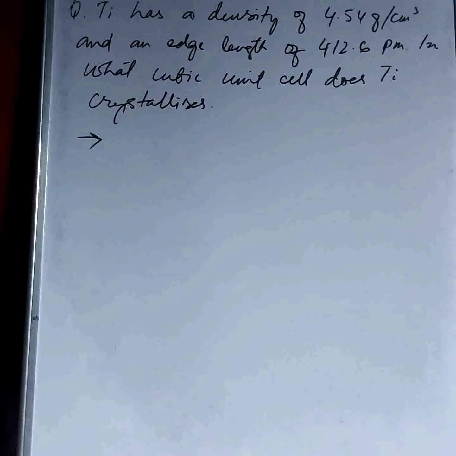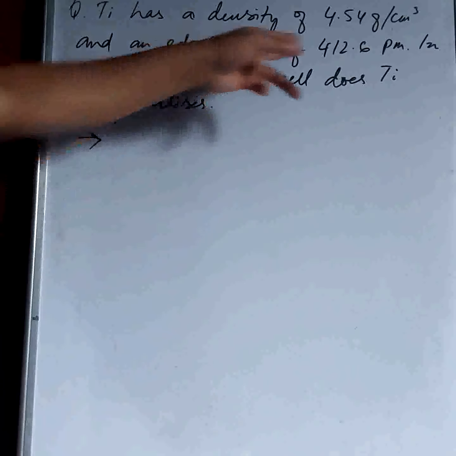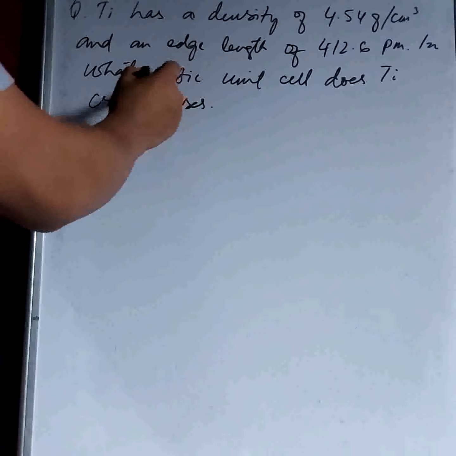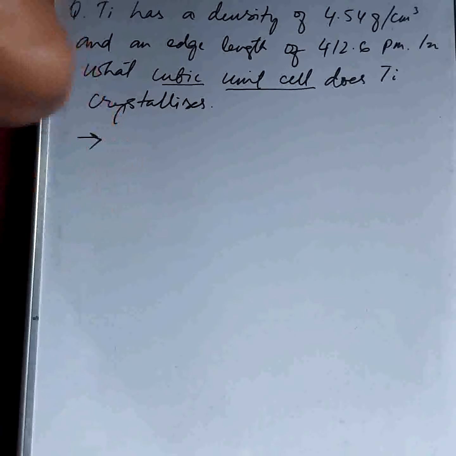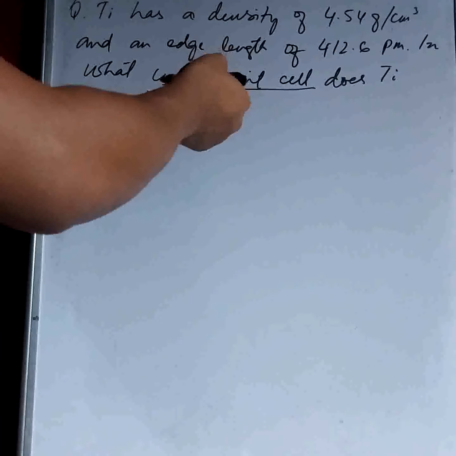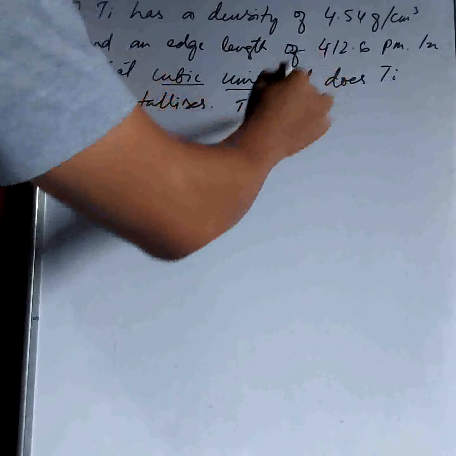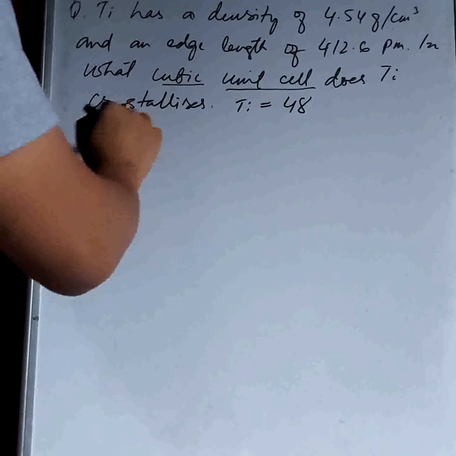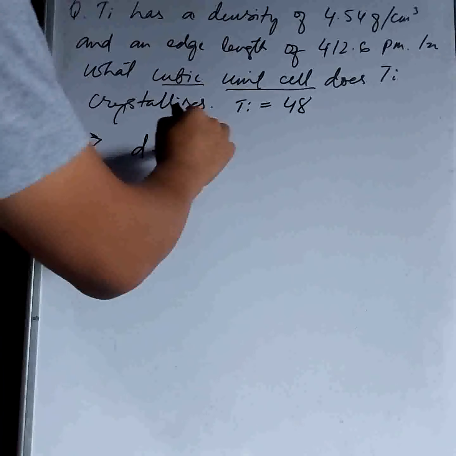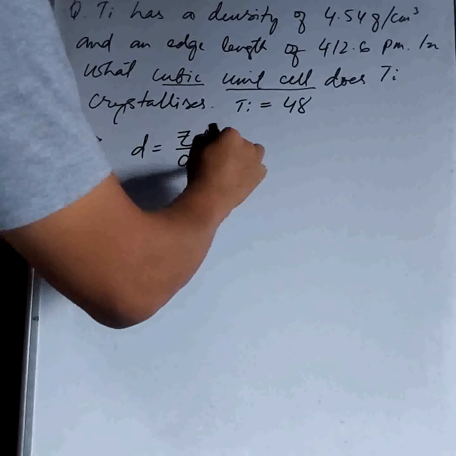So here's an example. The density of titanium is given, the edge length is given, and they're asking in which cubic unit cell titanium crystallizes. We know the mass of titanium is 48 units, and that density is Z times the mass over the cube of the edge length times Avogadro's number.